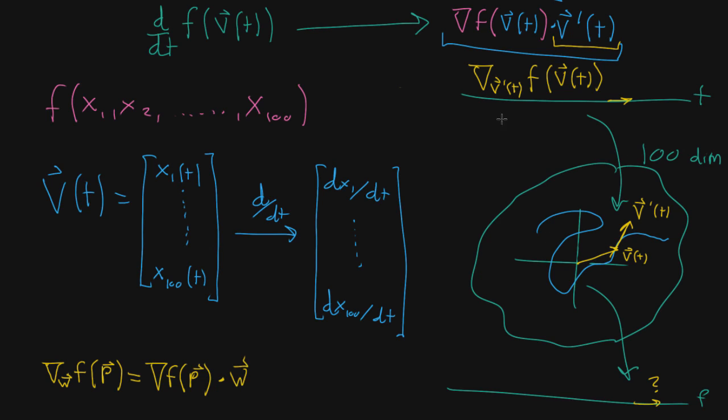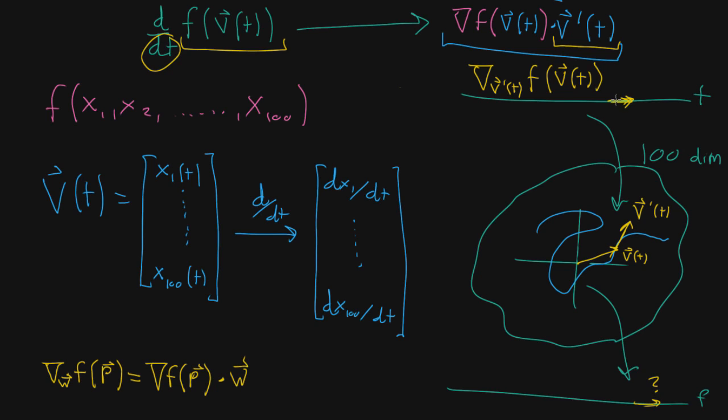And why should that make sense? Why should the directional derivative in the direction of v prime of t, this change to the intermediary function v, have anything to do with the multivariable chain rule? Well, remember what we're asking when we say d/dt of this composition: we take a tiny nudge to t, and we're wondering what change that results in after the composition.